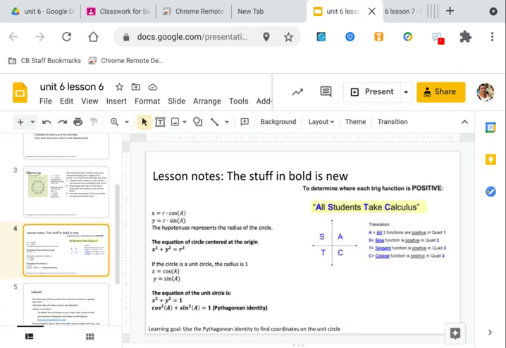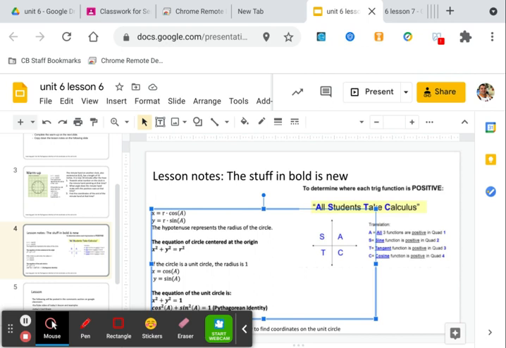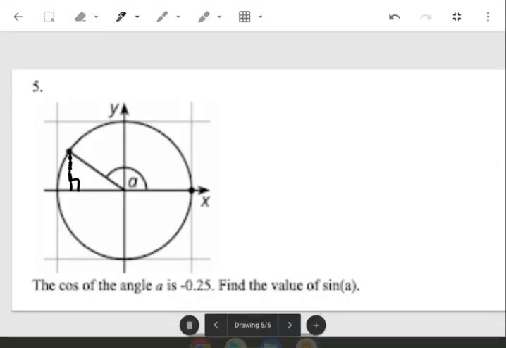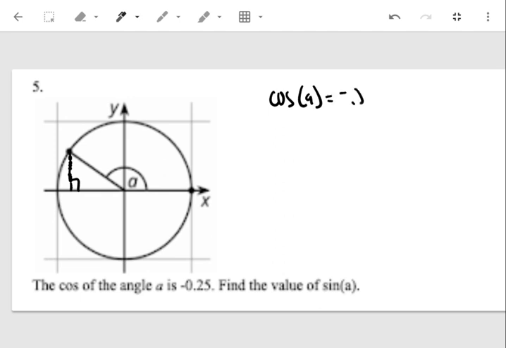So if we go back and look at our lesson notes from lesson 6, you'll notice if we have a unit circle, we know that x goes with cosine. So cosine of A being negative 0.25 means that x is equal to negative 0.25.